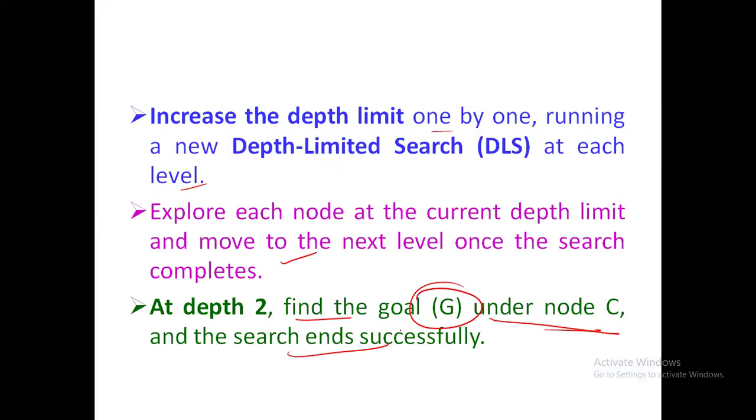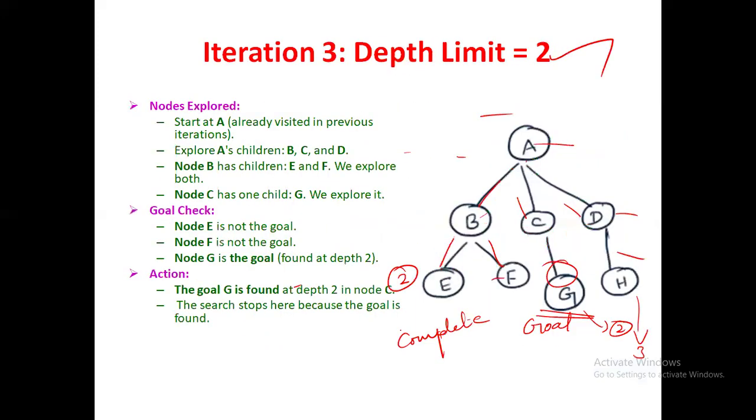So coming to the conclusion, the iterative deepening depth first search successfully finds the goal by exploring nodes layer by layer, starting from depth 0 and gradually increasing the depth limit. This method ensures the algorithm is complete.